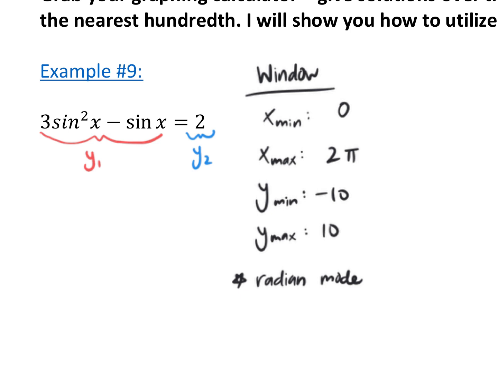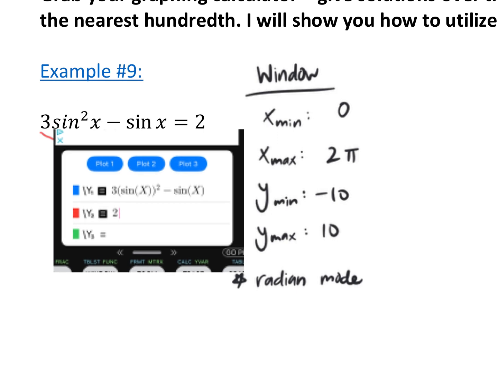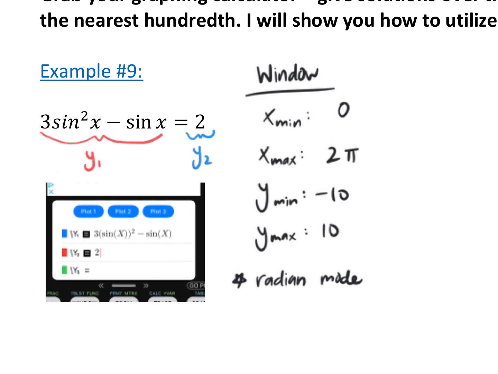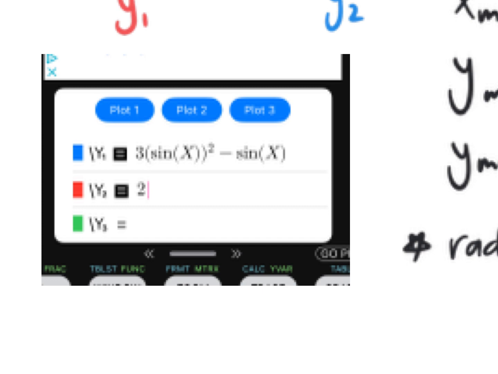So the way that you're going to type this into the calculator is like this. I'm going to go ahead and insert a picture of what that should look like. My y1 is 3 times the sine of x, squared, minus sine of x.